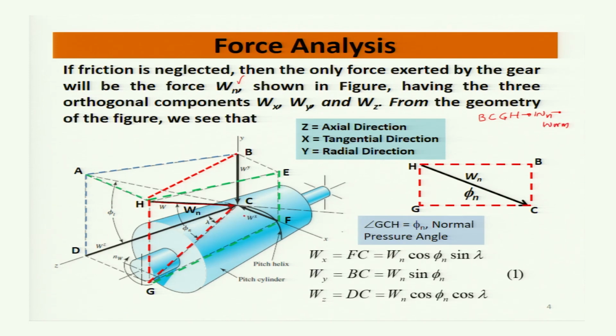Just now we studied that for the case of spur, the gear tooth will be perpendicular to the axis. So this is the axis of rotation of the worm. If the thread is perpendicular to the axis, then the plane along which this Wn would have acted is A, B, C, D, and Wn for that case would be this one.